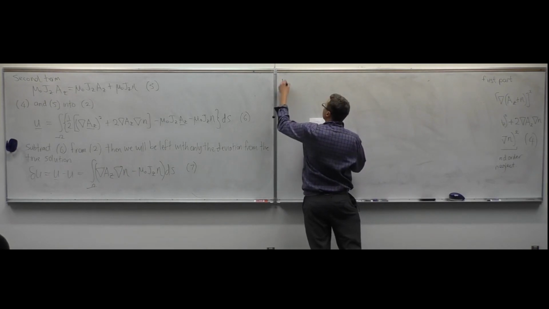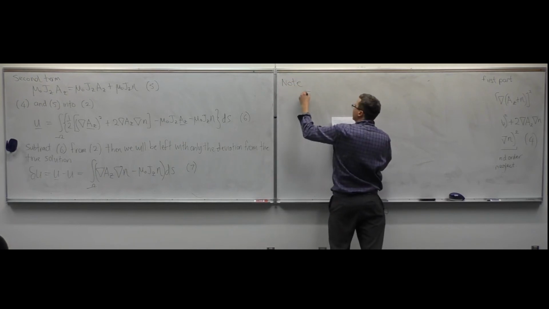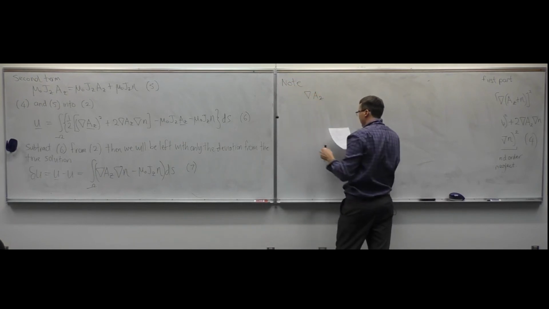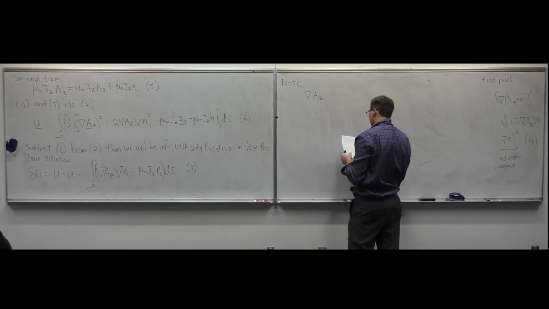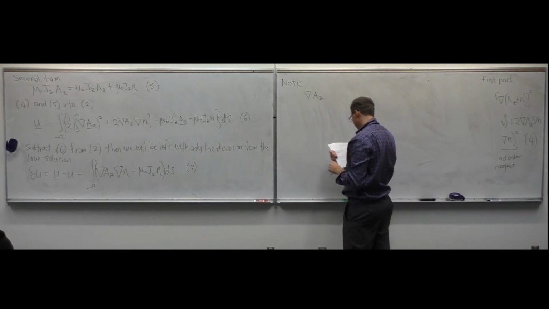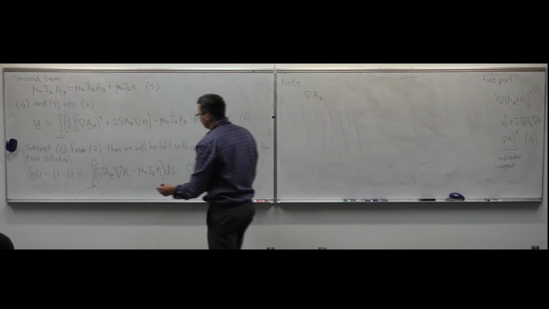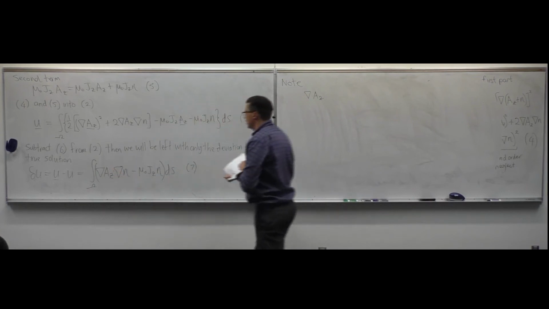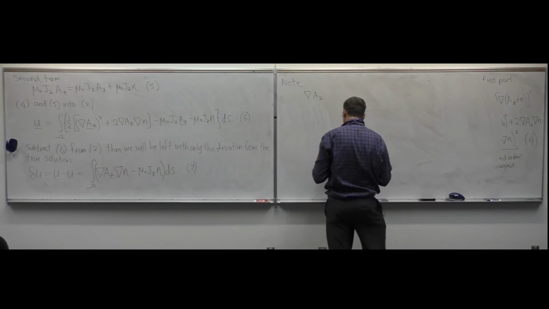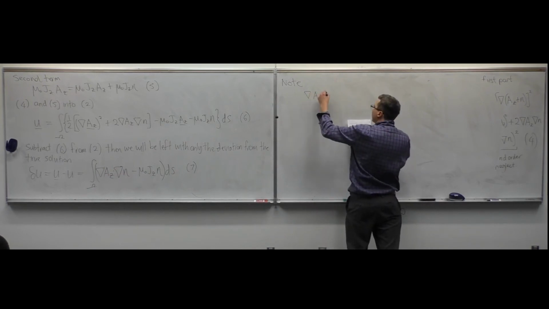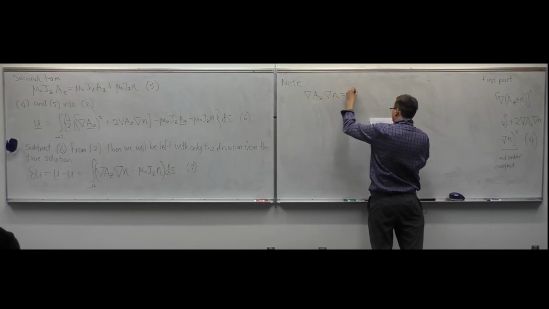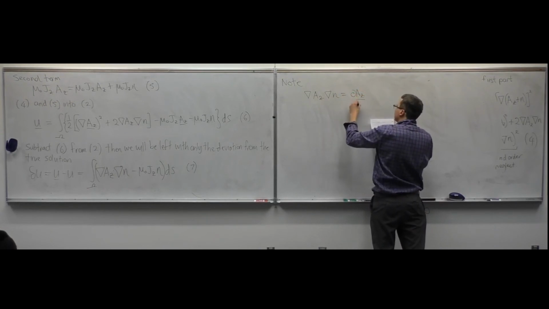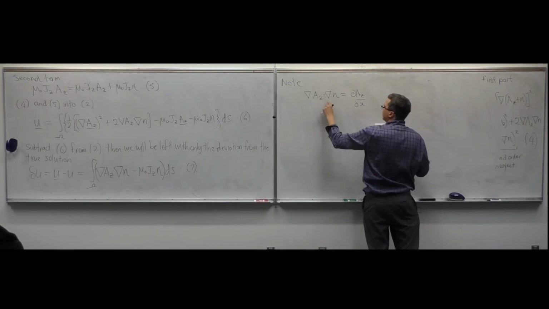Note that del Az dot del n, if you take the gradients of these, you're going to get del Az del x, and the dot product of it.